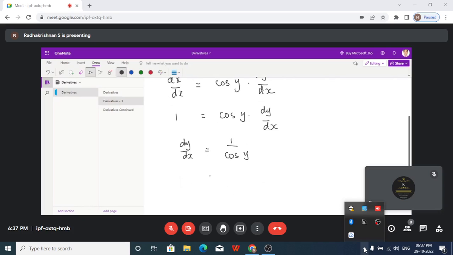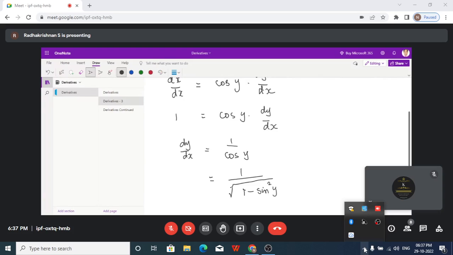Because cos y we want to write in terms of x, means we can write it as 1 by root of 1 minus sine square y. இதுல cos square y... yes, cos y equal to root of 1 minus sine square y. Yeah, so we know that.